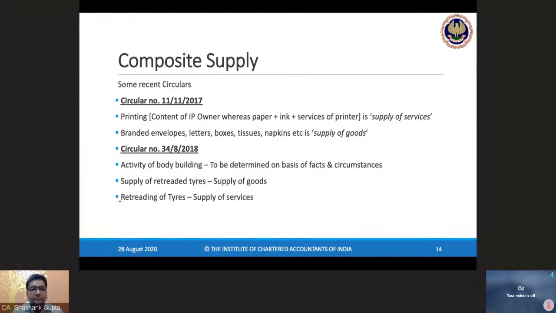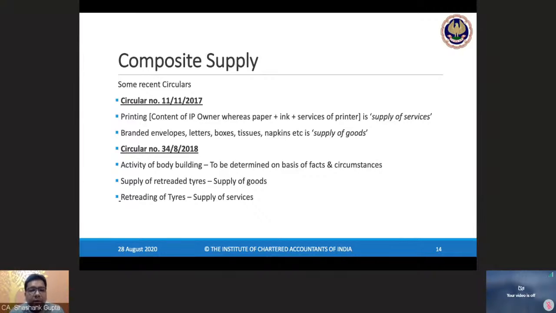For composite supply, Circular number 11/2017 was issued, wherein it was mentioned that when you procure printing services, suppose tomorrow you write a book on GST, and you approach a printing press, you give them the content and say print this book in this format, this many pages, this kind of cover. They print that.